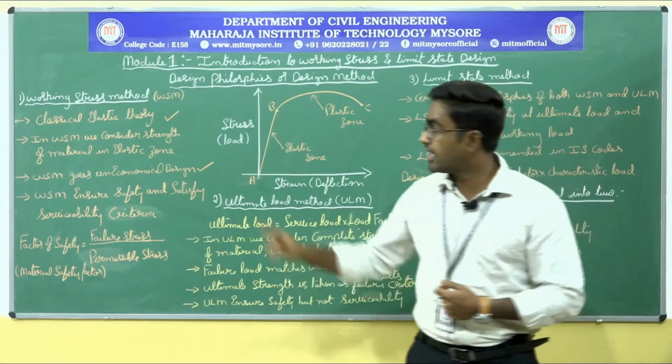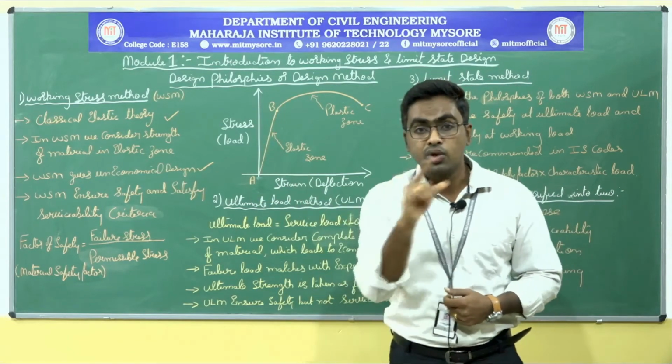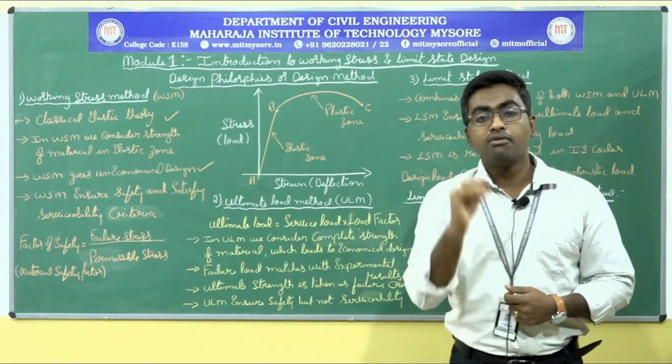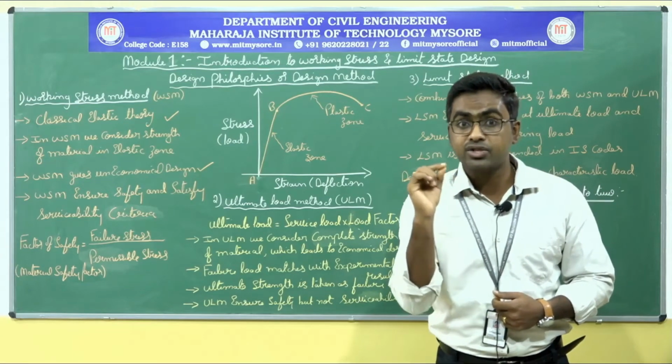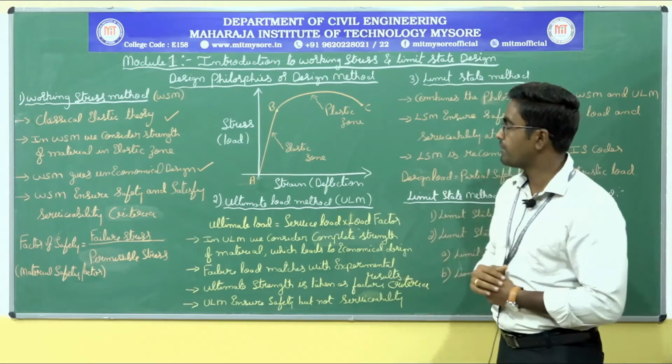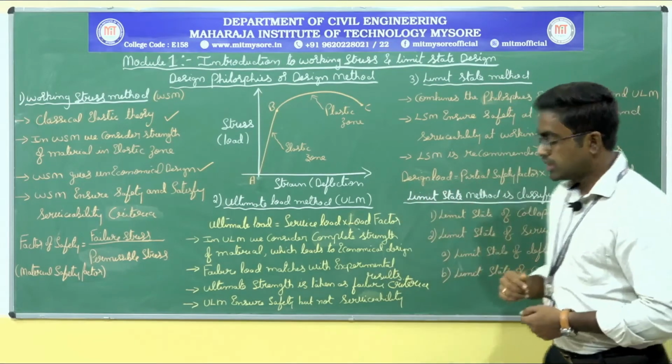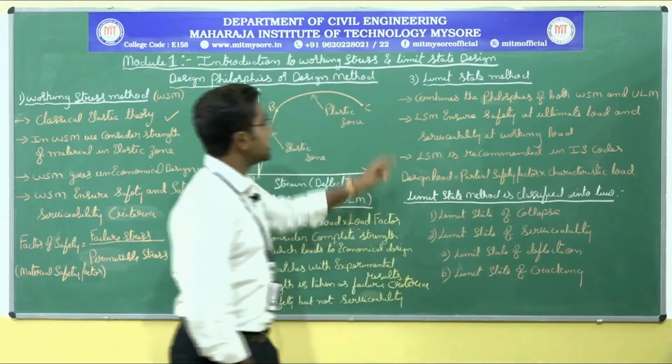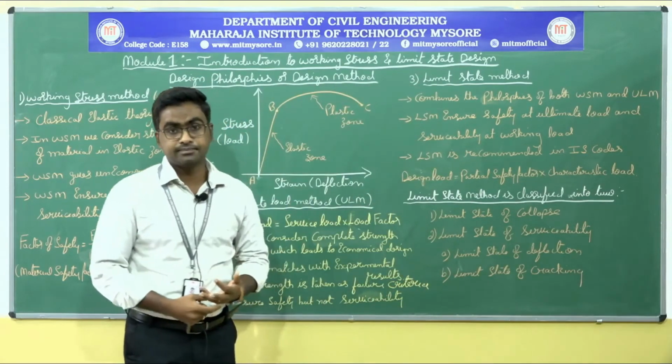So that is the reason why the working stress method is used to design water retaining structures even today, right? Okay, so let us move to the third one, and that is the limit state method.